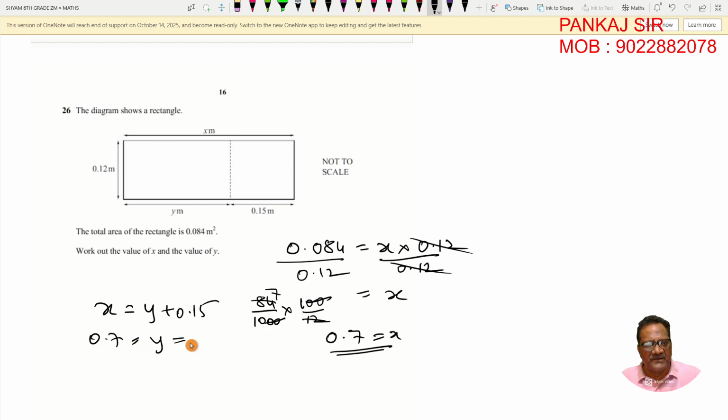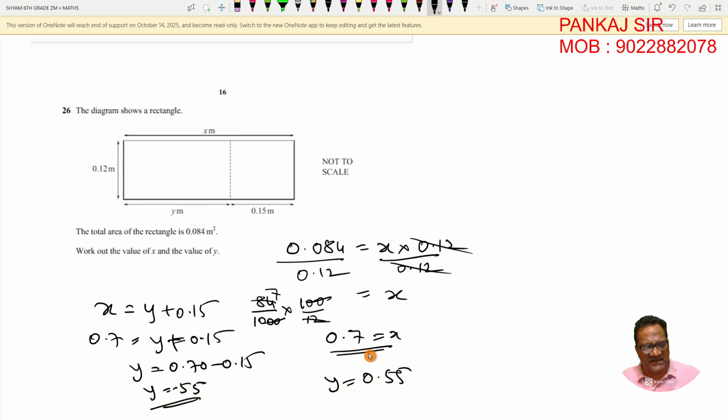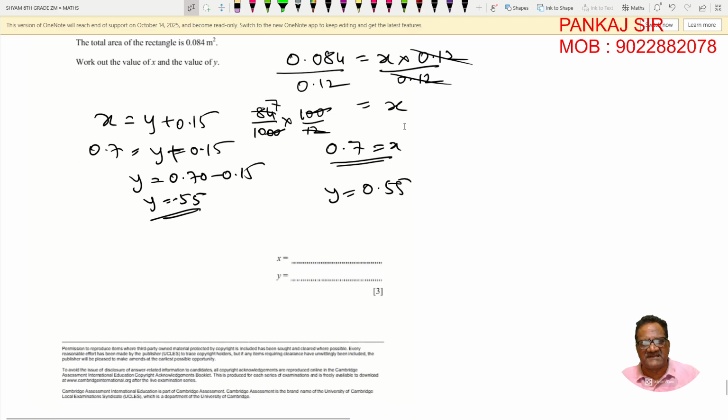This will be equal to y plus 0.15. Okay. So now your y will be equal to 0.70 minus 0.15. So your y will be equal to 10 minus 5 is 5, 6 minus 1 is 1. Okay. So it will be 0.55. So your y will be 0.55. So these are your answers, right? So x is equal to 0.7 and y is equal to 0.55.